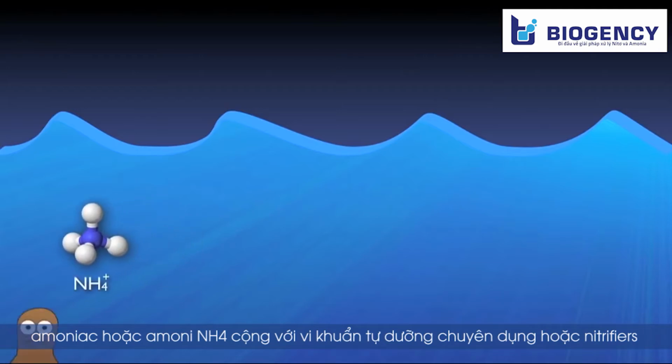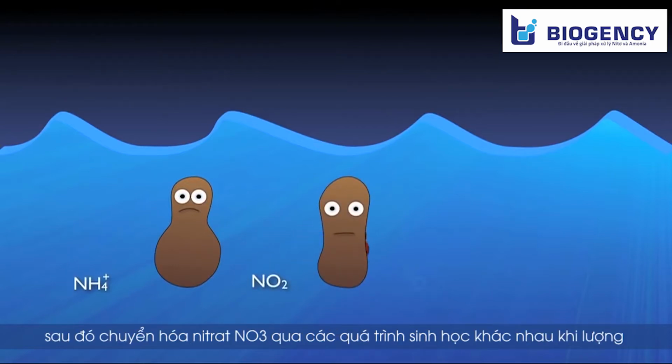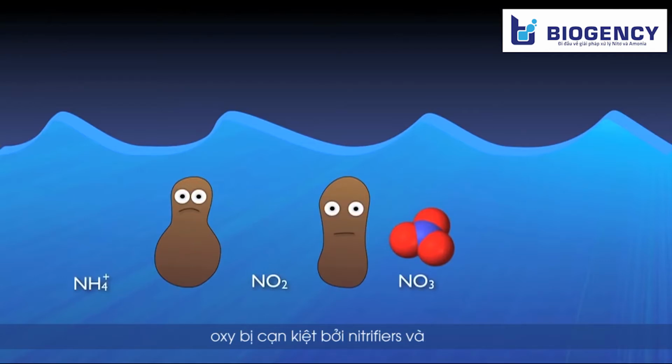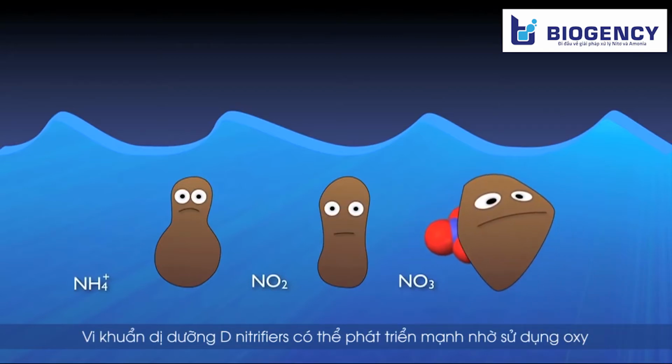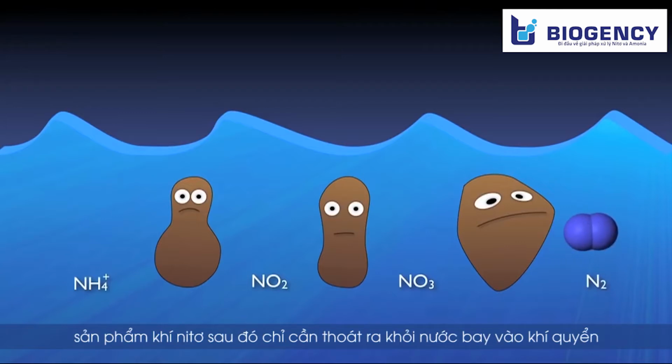Specialized autotrophic bacteria, or nitrifiers, convert the ammonium to nitrite, NO2, and then to nitrate, NO3, through various biological processes. As dissolved oxygen is depleted by the nitrifiers and other organisms in the basin, other specialized heterotrophic bacteria, denitrifiers, are able to thrive by using the oxygen attached to the nitrate molecules for respiration, creating nitrogen gas as a byproduct. The nitrogen gas then simply bubbles out of the water into the atmosphere.